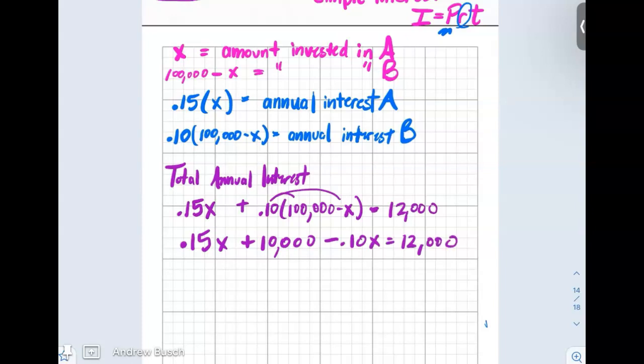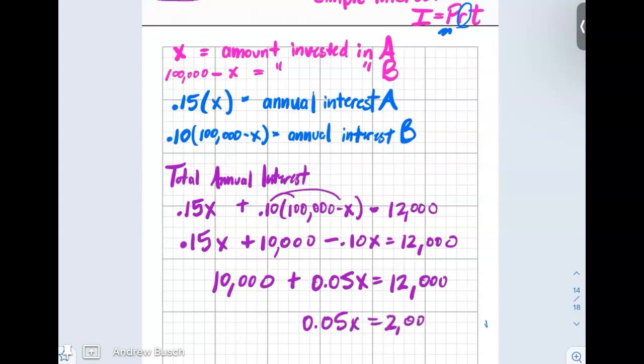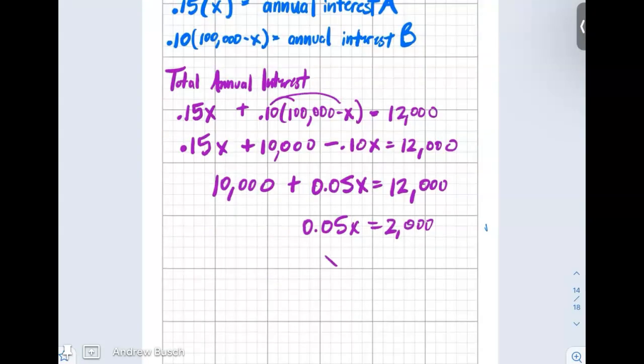Add those x's together, and if you add those, you're going to get 0.05. We're going to subtract 10,000 to the other side. That's going to leave us with 2,000. We're going to divide by 0.05, and that is going to give us 60,000.